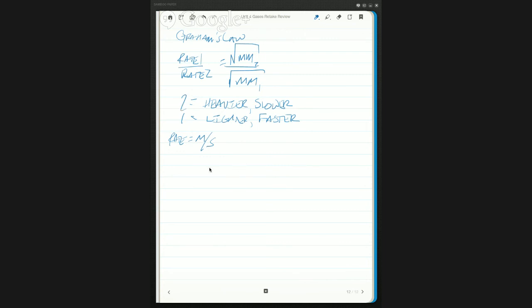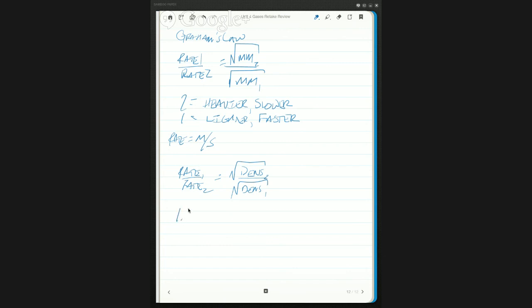You can also have the molar mass be density. They're interchangeable for these purposes. So rate of 1 over rate of 2 is equal to the square root of the density of 2 over the square root of the density of 1. They do some funny things, but you can use that.